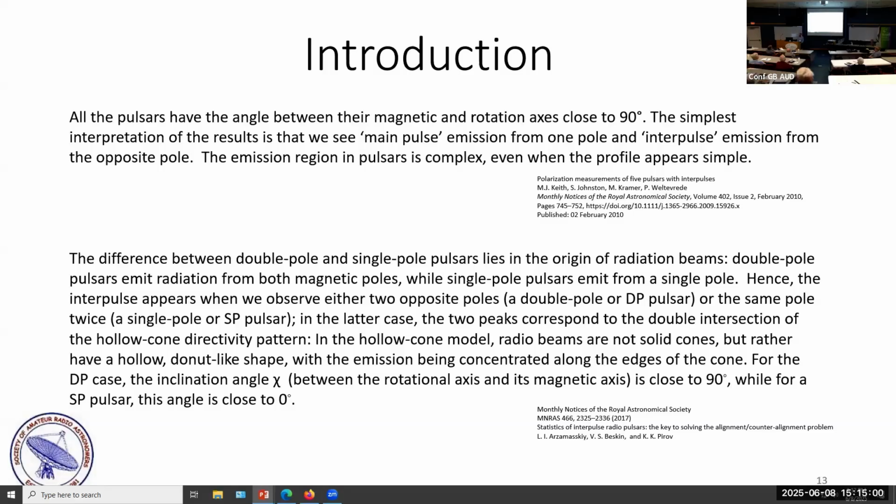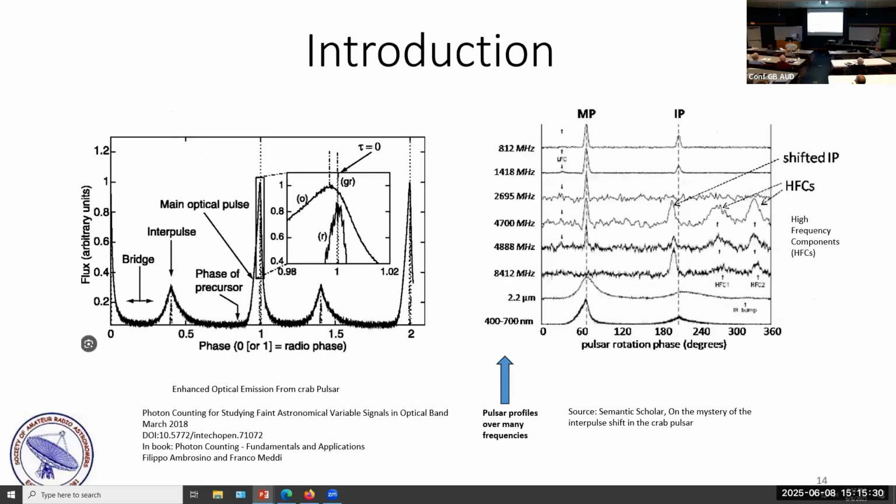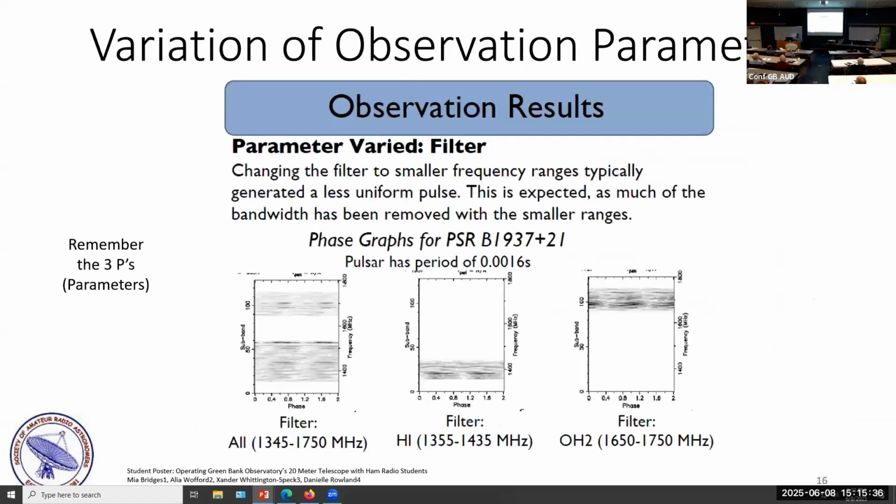It can get even more complicated, because there are pulsars that are called some pulsars, and some of the papers get into elaborate theories with patchy cone theories of how they intersect with rotation. I'm not going to get into that. The next couple of slides are more for your reference.